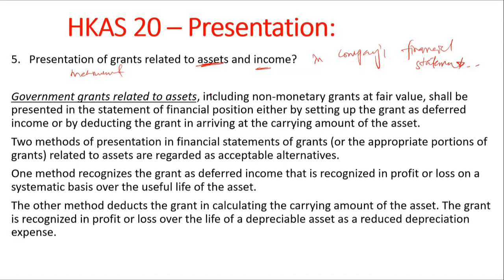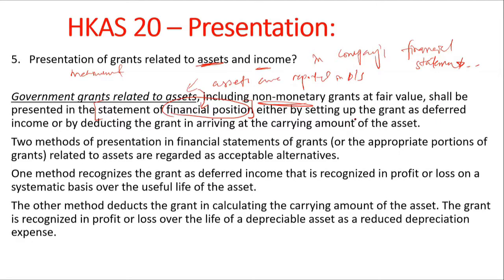So government grants related to assets, including non-monetary grants at fair value, shall be presented in the statement of financial position. Because it's an asset, it will be in the financial position, right? Assets are reported in the balance sheet, and statement of financial position is basically the balance sheet.